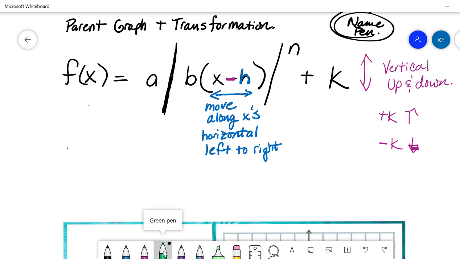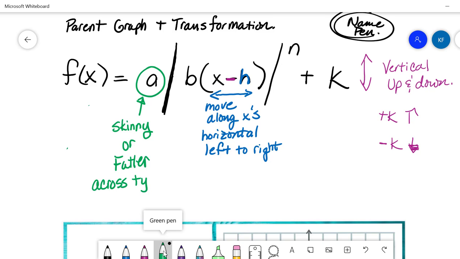The a value, which is right here, tells us if the graph is going to be skinnier or fatter across the y-axis.